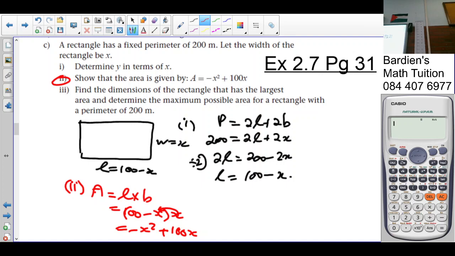Now without reading the next value, looking at negative x squared, does this area model a maximum or a minimum turning point on that parabola? Maximum. Why? The coefficient of x squared is negative. Now when that is negative, then the examiner would always ask for maximum.